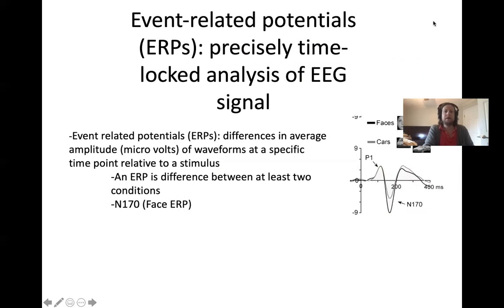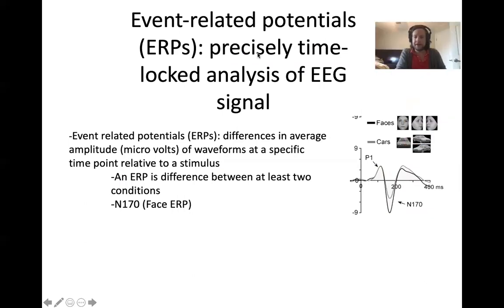So event-related potentials are a special type of data analysis that is used when you're using EEG technology. By definition, EEG technology is just using electrodes placed on the scalp to measure electrical activity coming from the brain. That's what EEG is at its core.